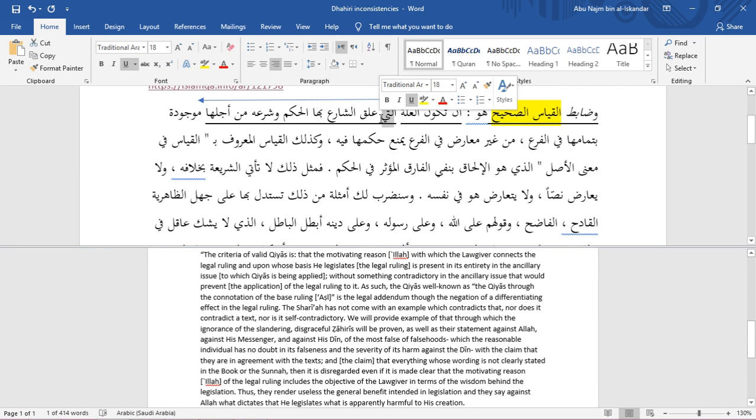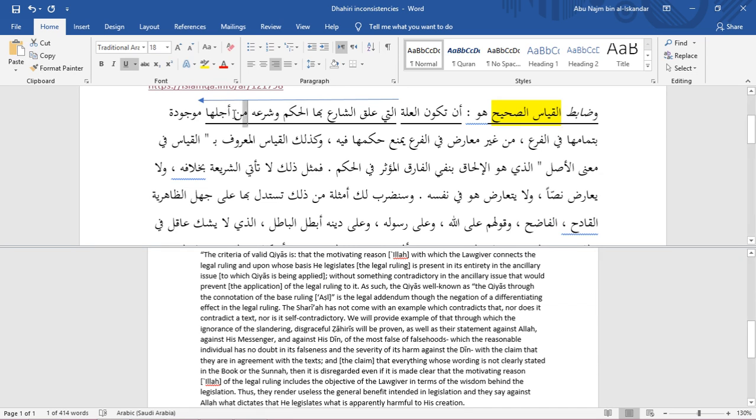So we take the meaning of this preposition and put it with this demonstrative pronoun: with which the lawgiver, which is Allah or His Messenger sallallahu alaihi wasallam, depending on whether it's an ayah of the Quran or a hadith, connects, and then we take the object, the hukm, and legislates it, meaning the hukm. The hu is referring to the hukm. So it is the motivating reason with which the lawgiver connects the legal ruling and upon whose basis he legislates.